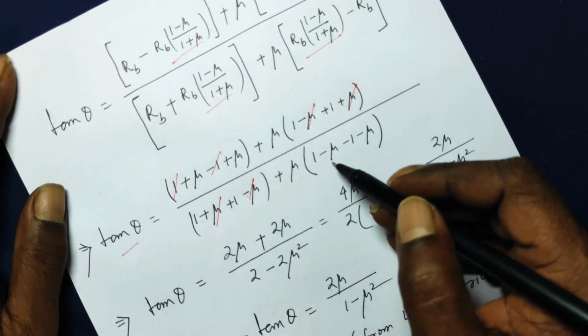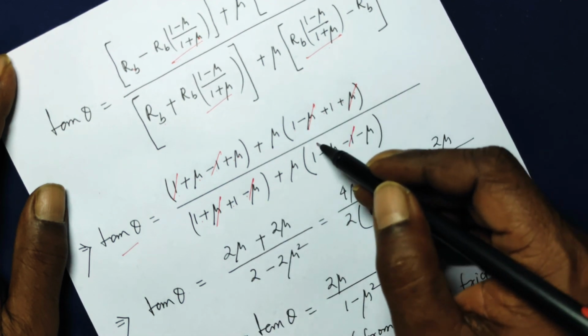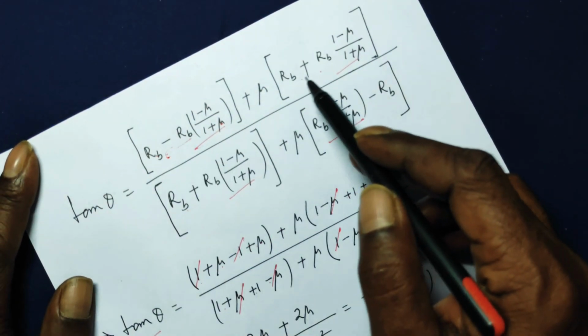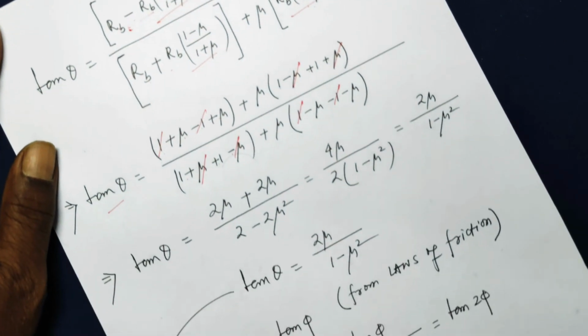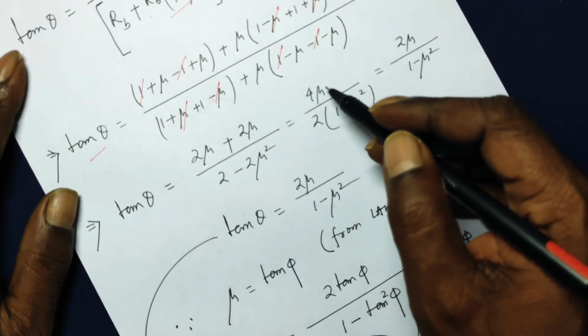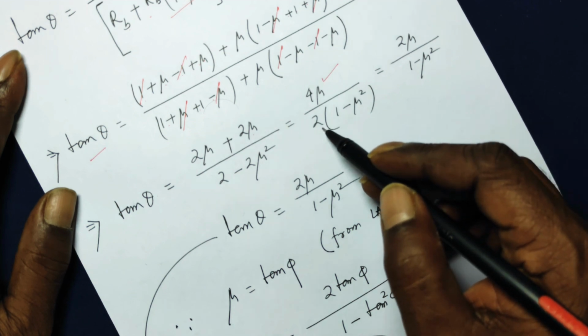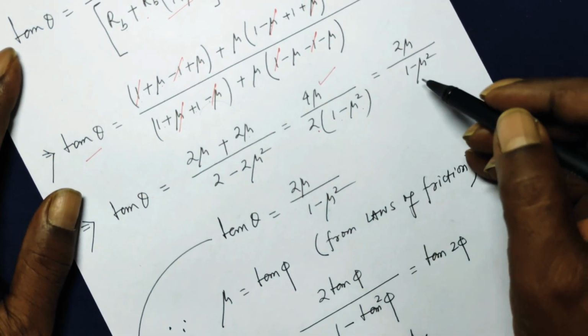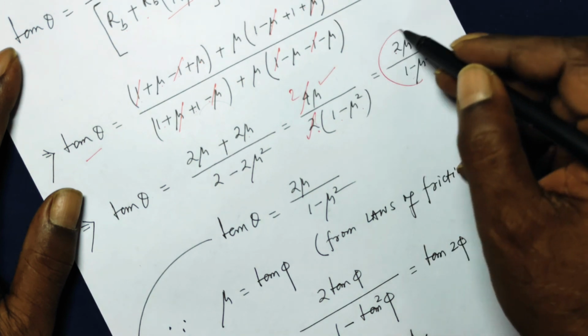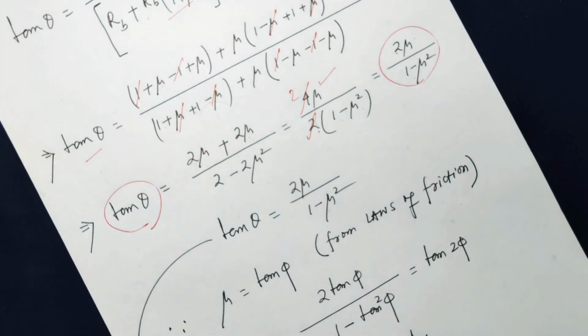So similarly here, 1 cancels here. Just take LCM here, here and here. So tan theta is 2 mu plus 2 mu, that is 4 mu over 2 times 1 minus mu square. So 2 cancels. So I am left with 2 mu over 1 minus mu square is your tan theta.